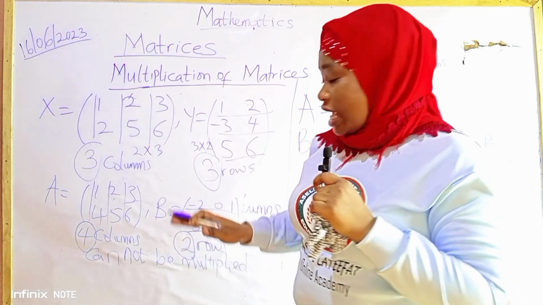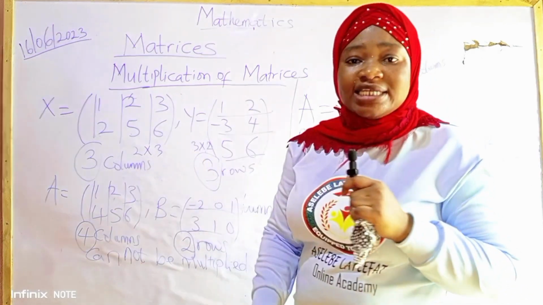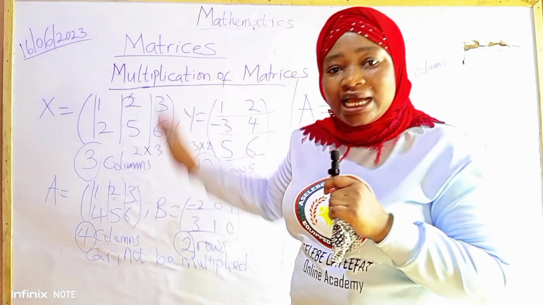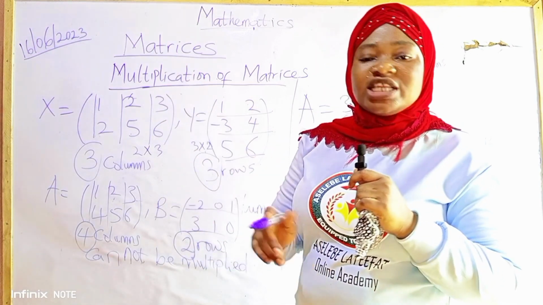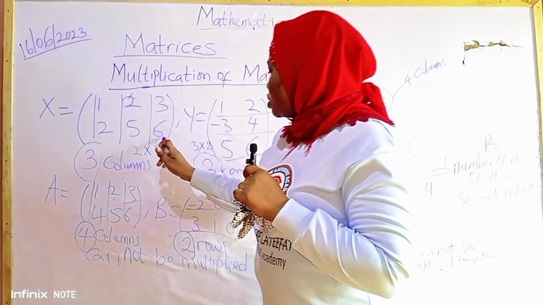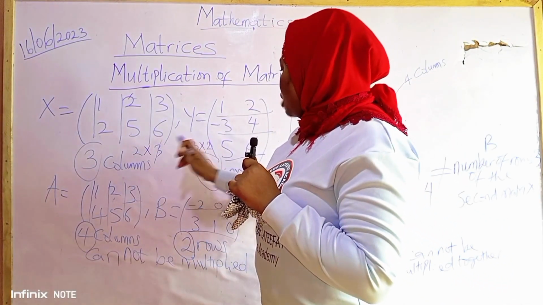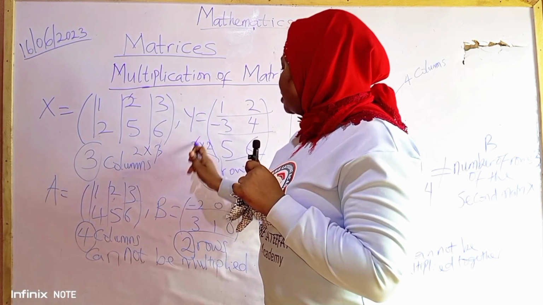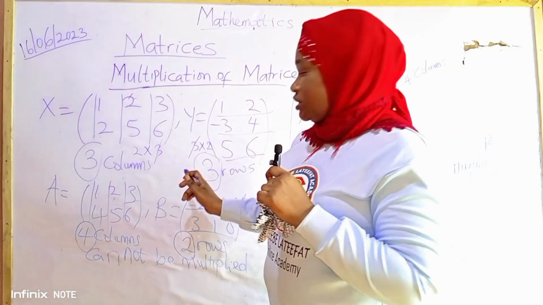So that when we are multiplying and we get another order, we quickly know whether we are correct or not. You cancel the column of this one and the row of this one, they are the same.